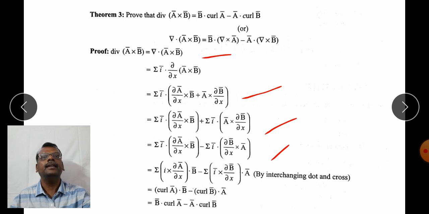Finally, summation i cross dou a bar by dou x dot b bar minus summation i cross dou b bar by dou x dot a bar, interchanging dot and cross product, that is nothing but curl a bar dot b bar minus curl b bar dot a bar, that is equal to b bar curl a bar minus a bar curl b bar.